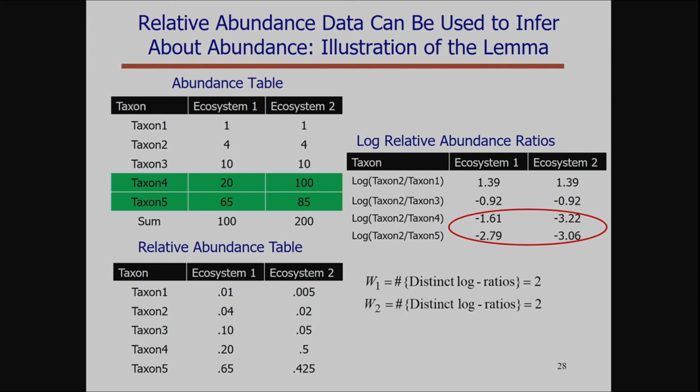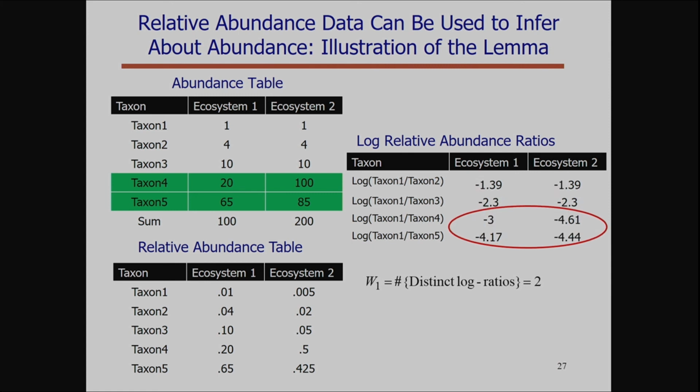Now, if I do the same thing with taxon 2, based on my lemma that I just described to you, I cannot infer taxon 1 is different between the 2 conditions. Because for me to declare taxon 1 is different, I need all the log ratios to be different between the 2 groups. So I cannot conclude they are different.